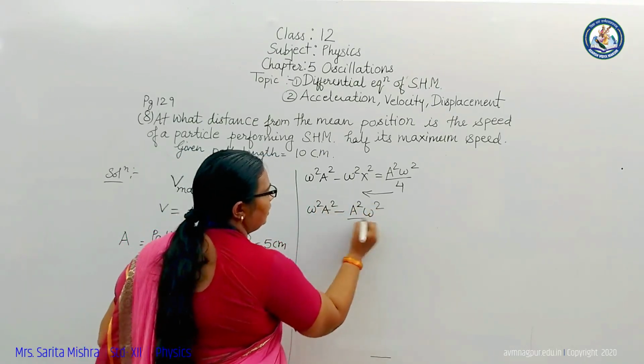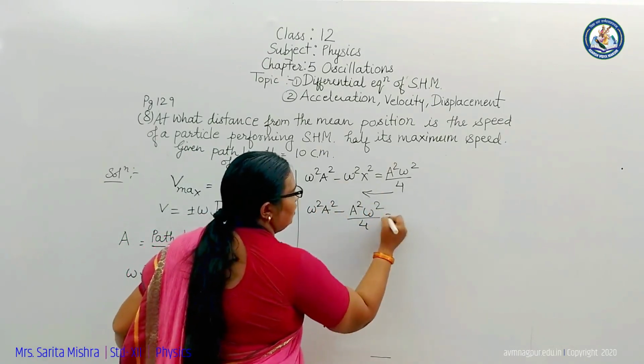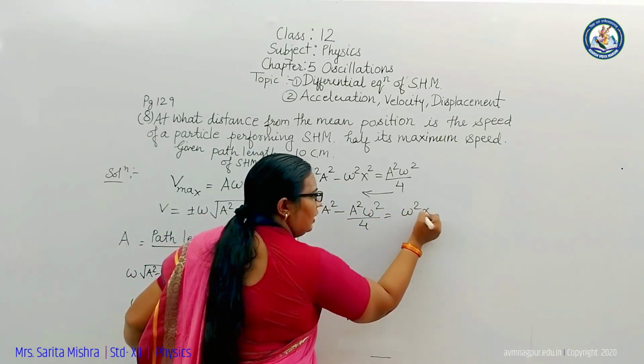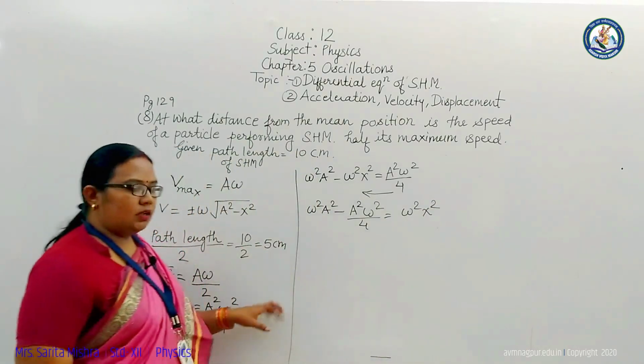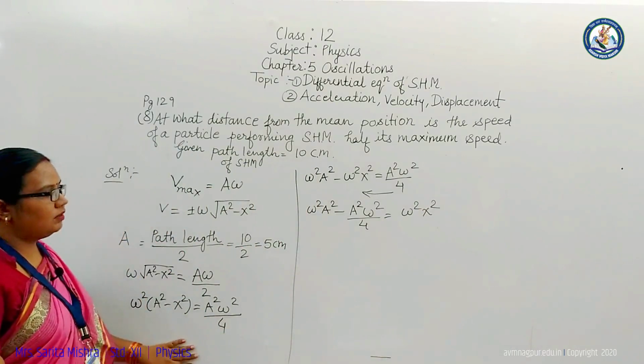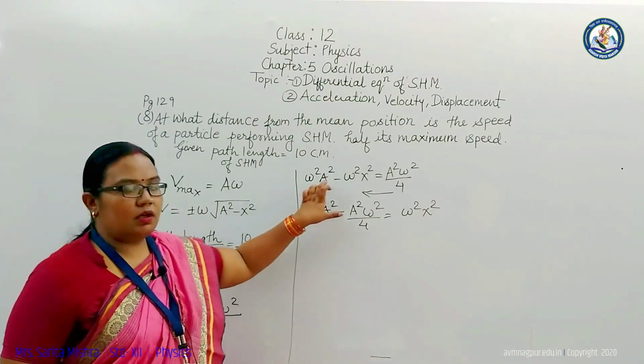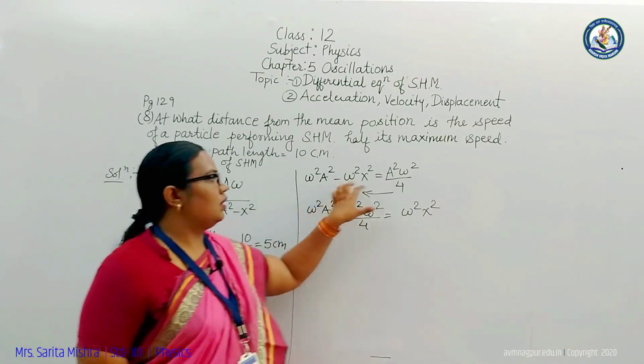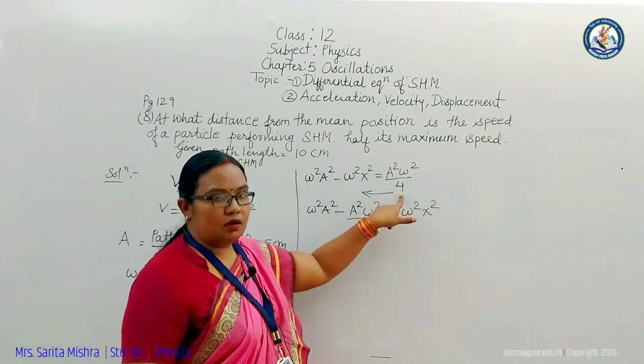By doing the mathematical arrangement, this minus goes here and becomes plus omega square x square. What did we do? We squared, then the square root was removed, after that omega square a square minus omega square x square equals a square omega square upon 4.